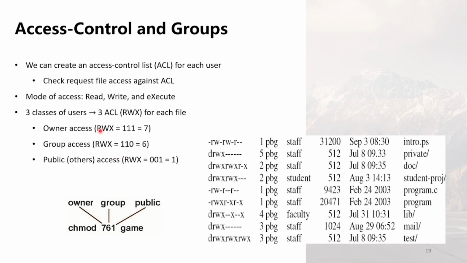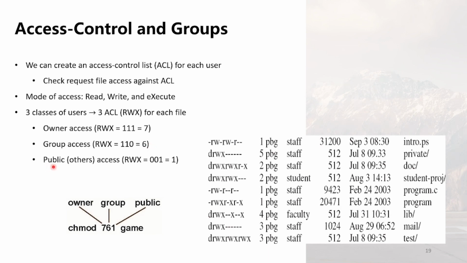For instance, an owner might have all permissions represented as 111 in binary, which equals 7 in our permission notation. Group access might be slightly more restricted, say 110 in binary, which is 6.